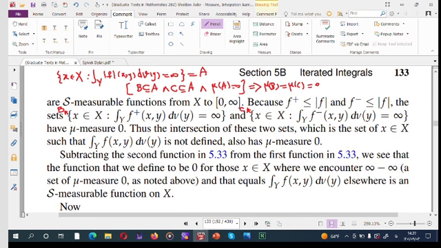Subtracting the second function in 5.33 from the first function in this, we see that the function that we define to be 0 for those x where we encounter infinity minus infinity, a set of mu measure 0 as noted above, and equal to this elsewhere, is an S measurable function of x.